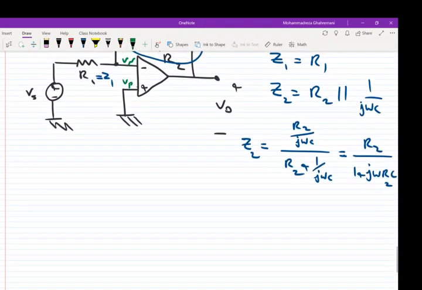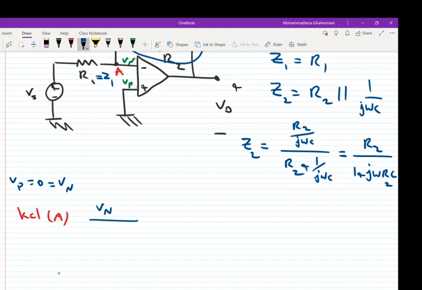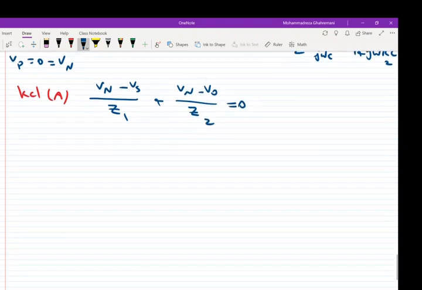We know that Vp is equal to 0, so we say Vp is equal to 0 is equal to Vn, and we write KCL at node A. So we can say Vn minus Vs over Z1 plus Vn minus Vo over Z2 is equal to 0.